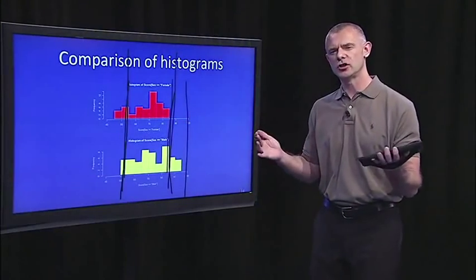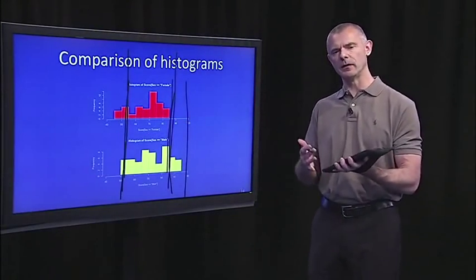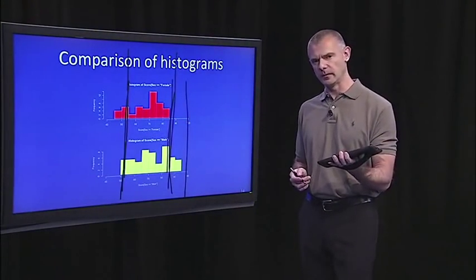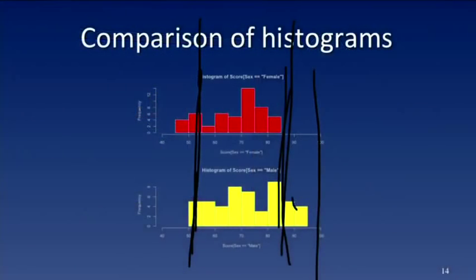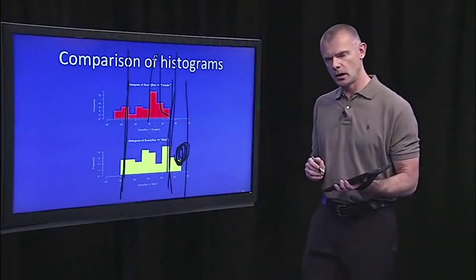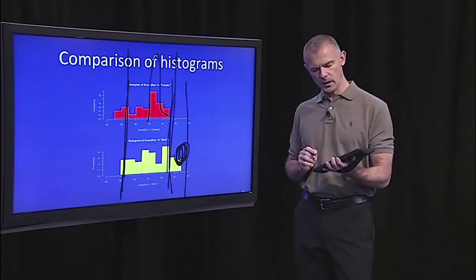So the two distributions have much more in common than separates them. And what really separates them is we have some males at the top end of the distribution where we don't have females, and we have a lot more females in the middle part of the distribution, sort of average. And again, that is common.